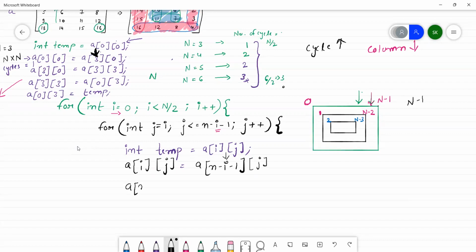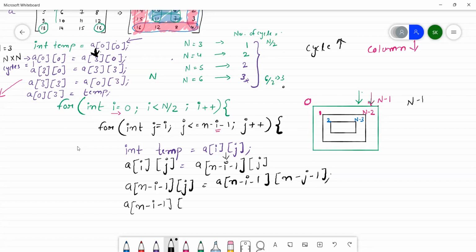So in place of n minus i and j, I can write here n minus i minus 1 and n minus j minus 1. Clear? I'm just doing it accordingly. And here n minus i minus 1 and n minus j minus 1.